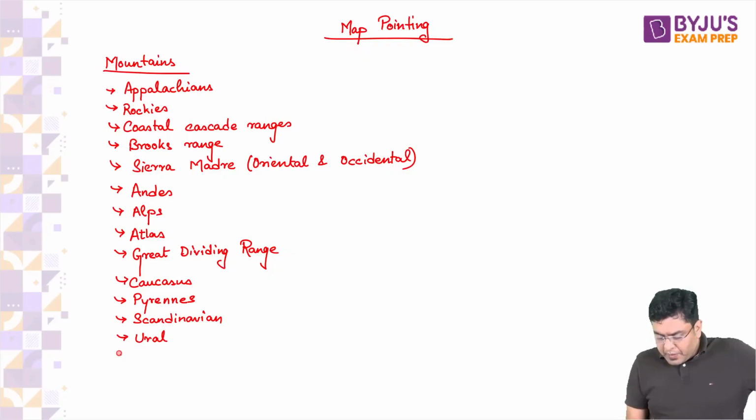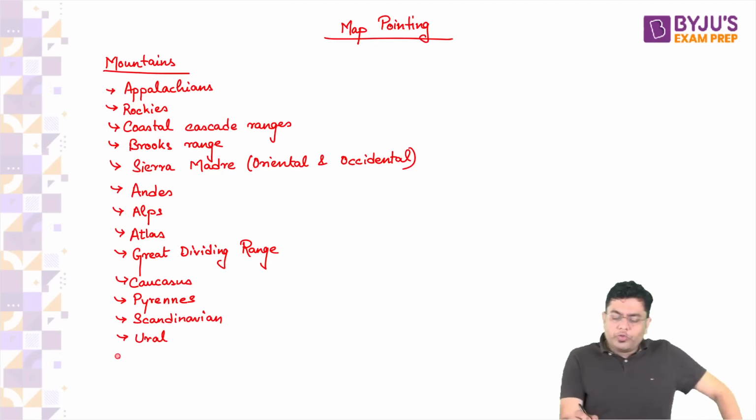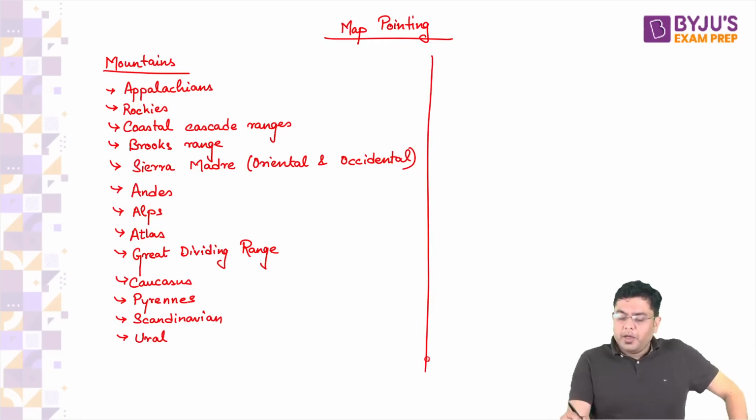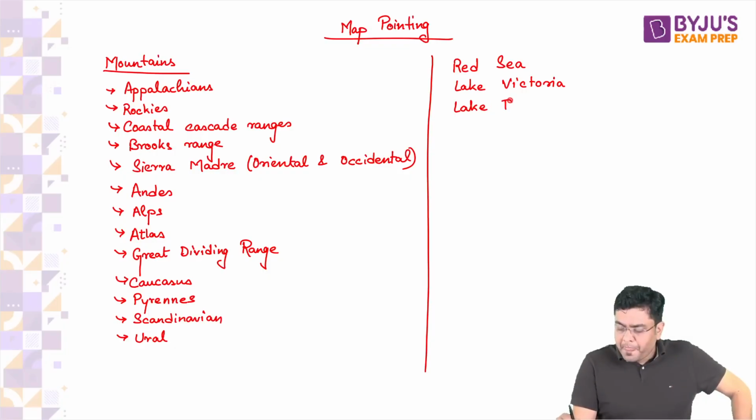Look at these particular mountains and also look at the Red Sea, then Lake Victoria, then Lake Tanganyika.